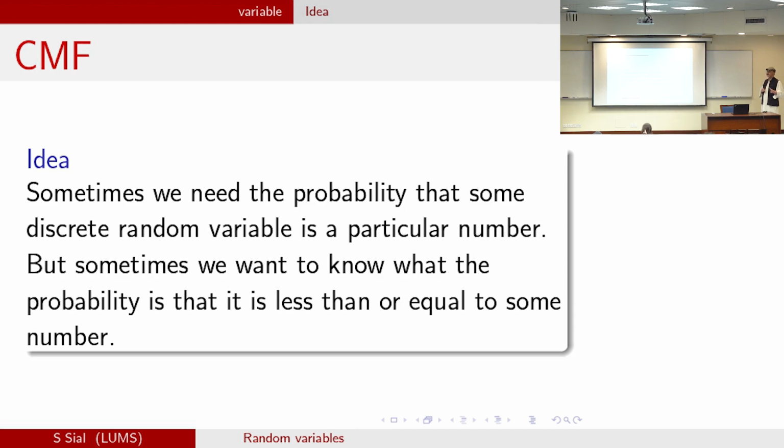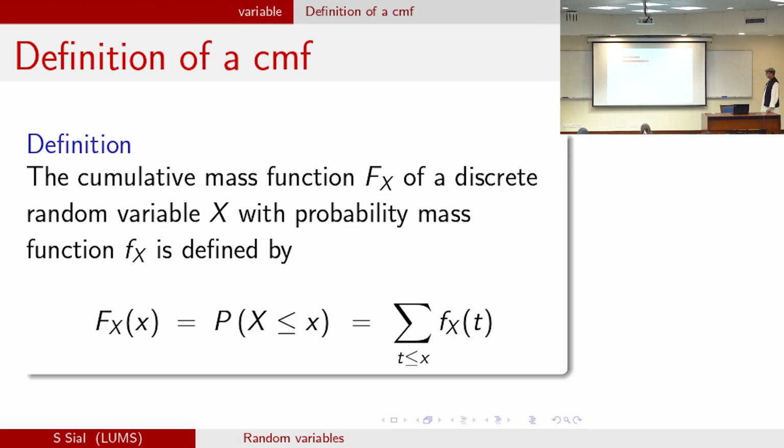But the CMF for some random variable evaluated at x equals 37 is the sum of all the probabilities up until x equals 37. So the probability that x is less than or equal to 37, that's what the CMF evaluated at 37 would give you. It's sort of like the integral I was talking about, or a summation in this case. Okay? So this is how we define it.